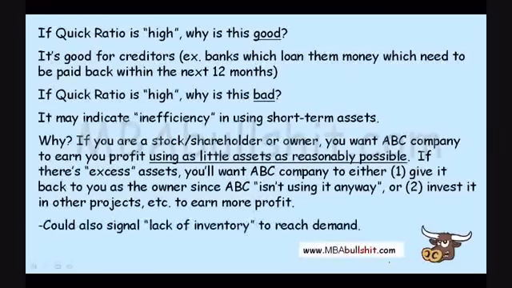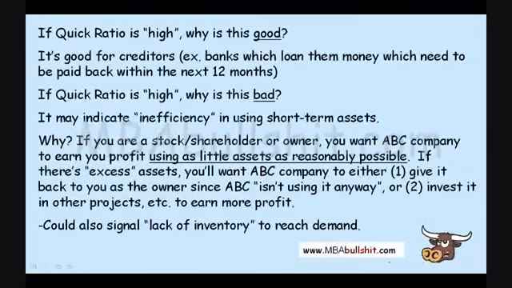Another thing is that this could also signal a lack of inventory to meet demand. Remember, if your quick ratio is high, maybe it's because you have a lot of current assets but not much inventory, because you have to subtract the inventory to get the quick ratio. Maybe the reason you have a high quick ratio is that you did not have much inventory to subtract anyway.